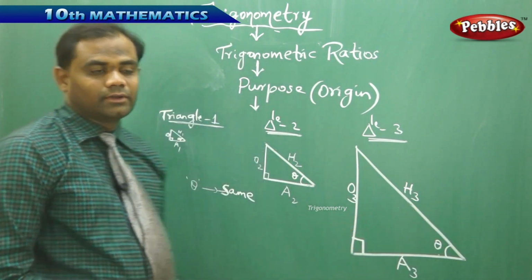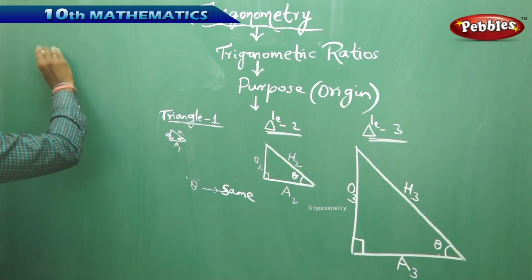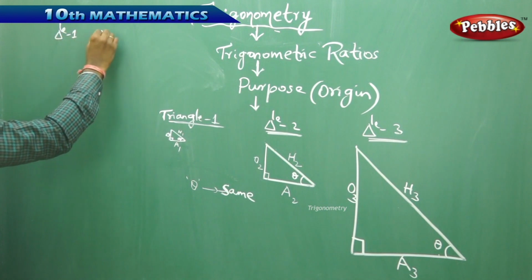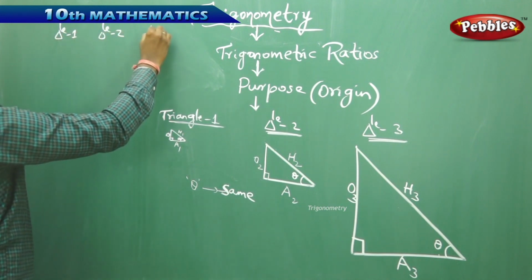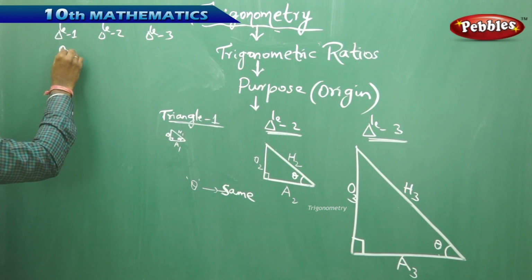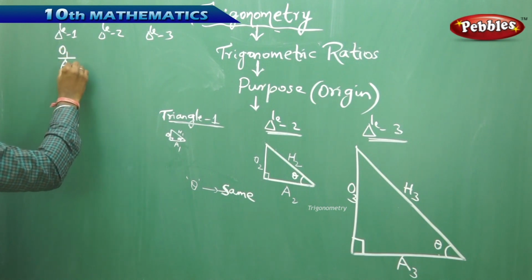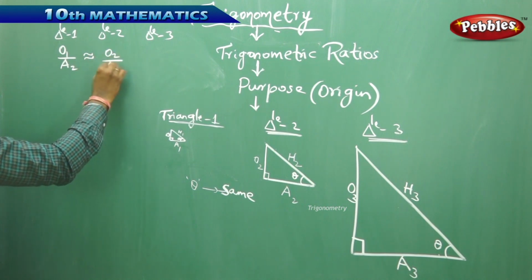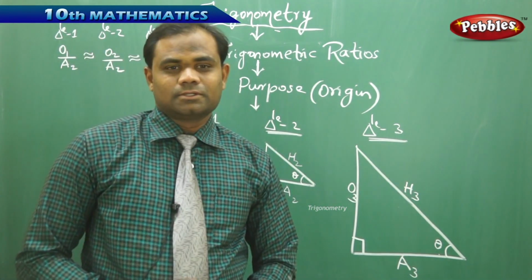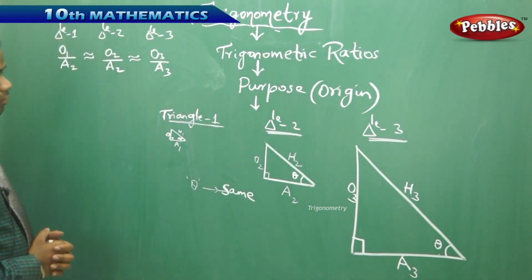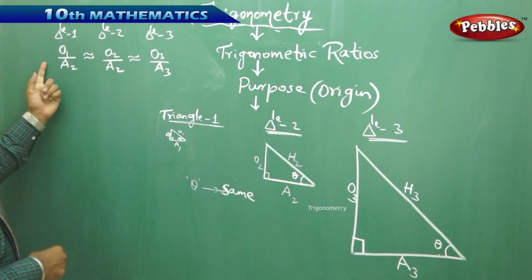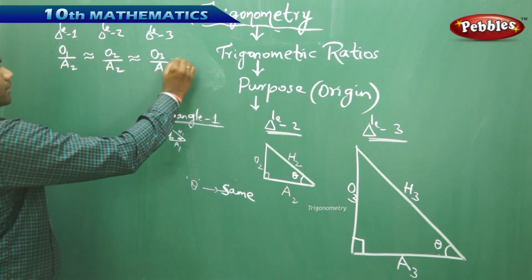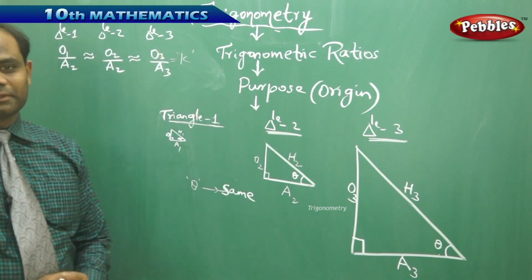Now let's see the relation between opposite and adjacent side, where for triangle 1, triangle 2 and triangle 3, opposite by adjacent for triangle 1 is approximately equal to the opposite by adjacent of triangle 2. Similarly, O1 by A1 is approximately equal to O2 by A2, approximately equal to O3 by A3, which is some constant k.